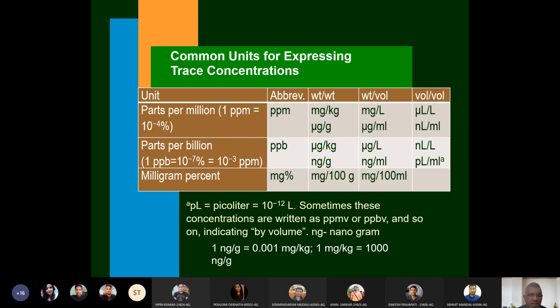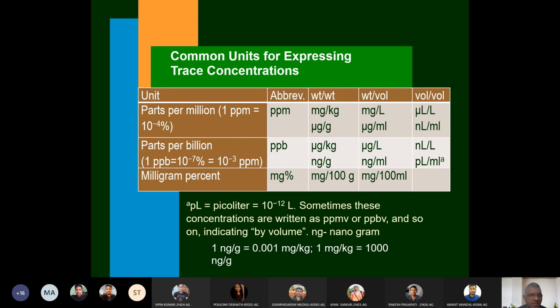Written as ppb, it is microgram per kg on a weight by weight basis, which is equivalent to nanogram per gram. Similarly, weight by volume, microgram per liter or nanogram per ml, and then volume by volume, nanoliter per liter or picoliter per ml. Here you can see picoliter is 10 to the power minus 12 liter.